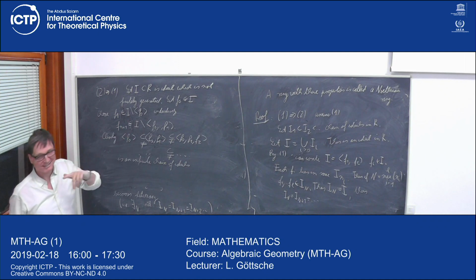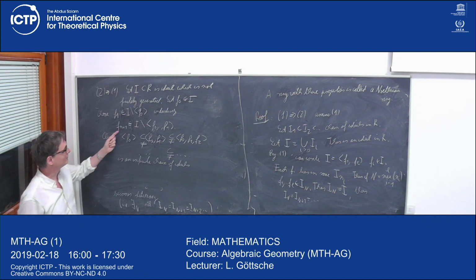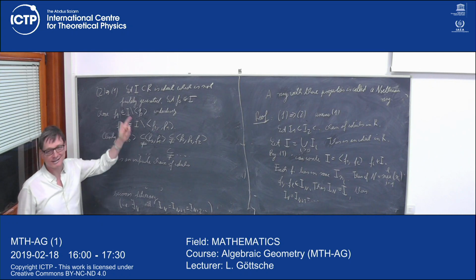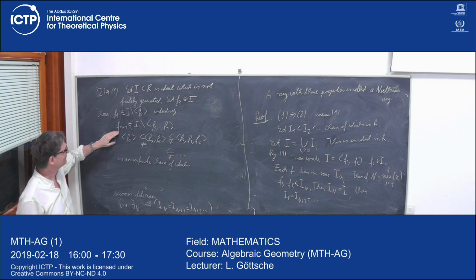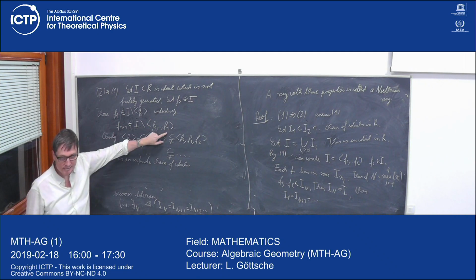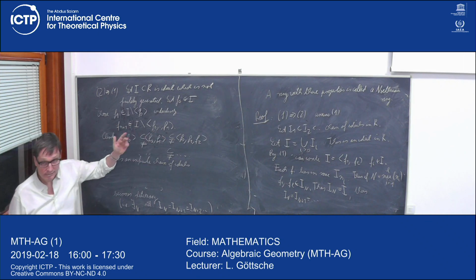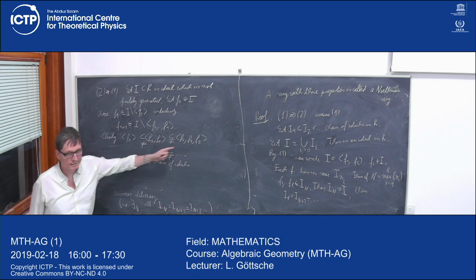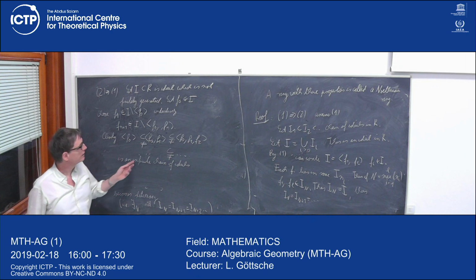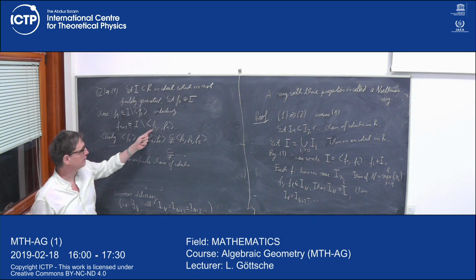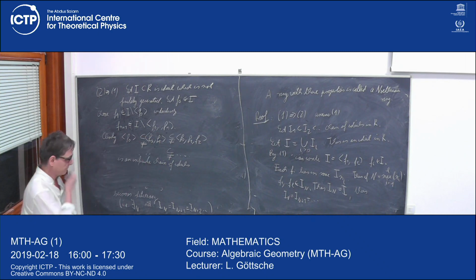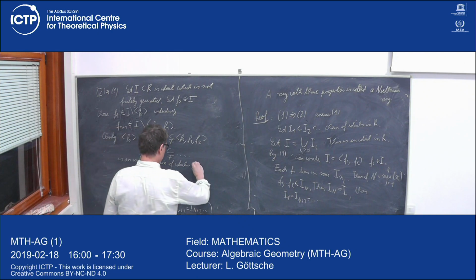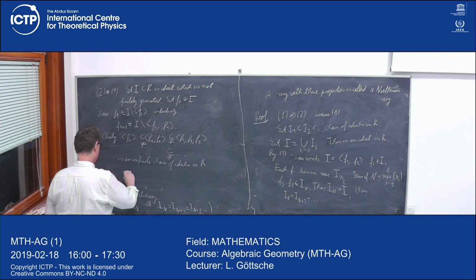I got confused, and so I negated it twice. So f_{n+1} is in I, but not in the ideal generated by f0 to fn, and so on ad infinitum. So we find this chain of ideals, which does not become stationary because each time we choose an element which does not lie in what we had before.